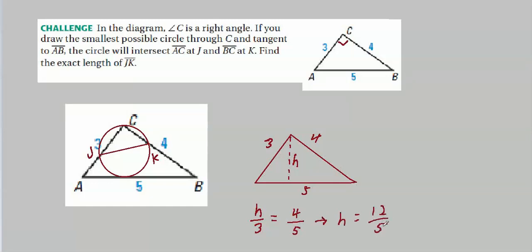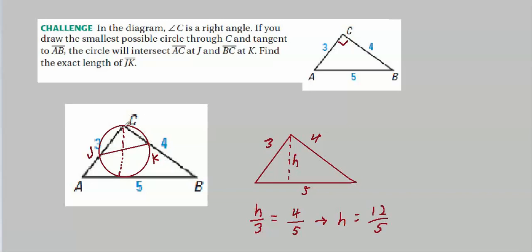However, H is just this diameter here. I can't say much about the way I drew the circle. In fact, I can't say much about the way I drew this altitude either. The circle should have been drawn just shifted over a little bit to the left so it would touch right here and not here.